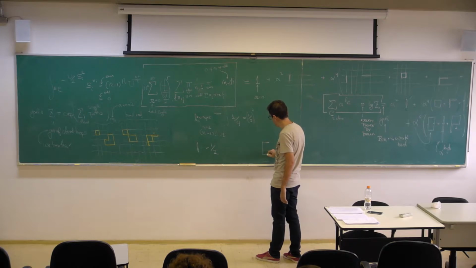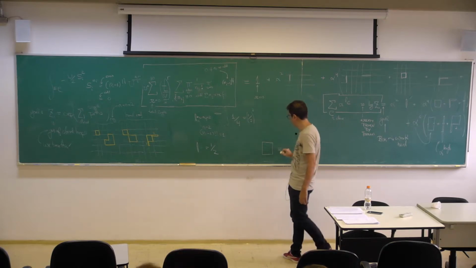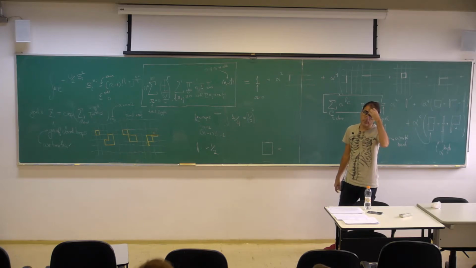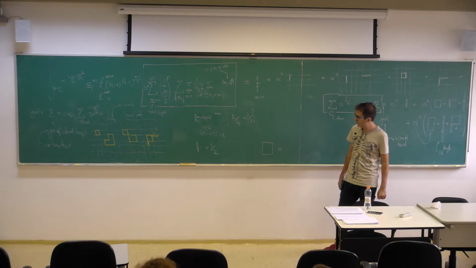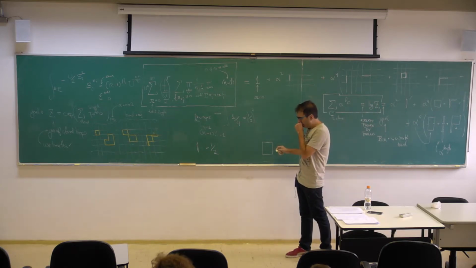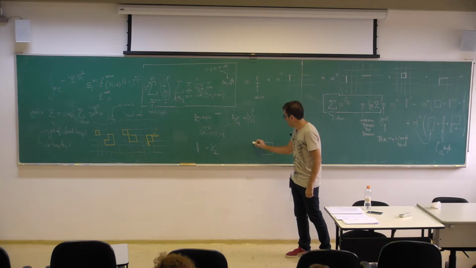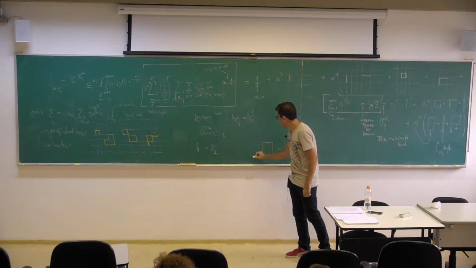So what about this diagram? What does it contribute with? Where did you get that 3? The Nijs are always 1 or 0 outside the lattice, right? 0, 0, 0.